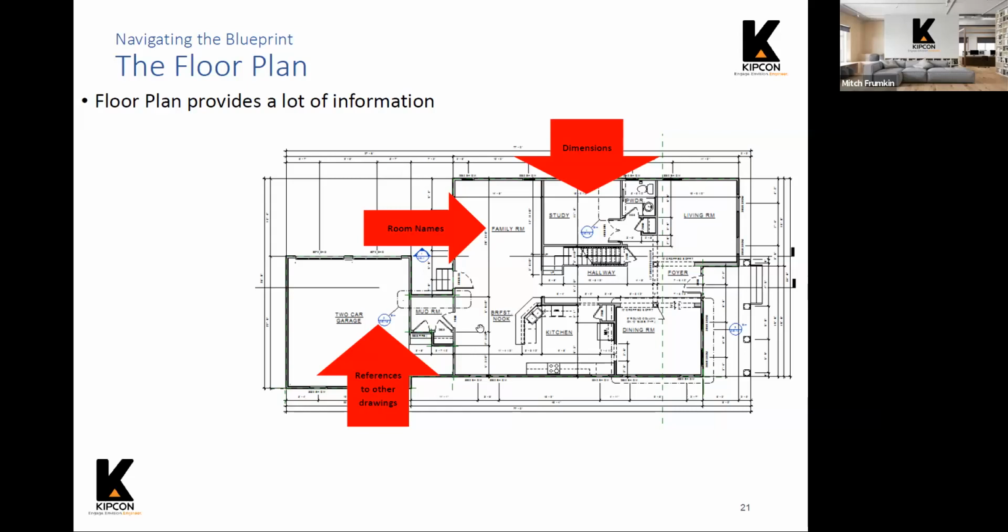For example, just by the garage in the rear of the building here, there's a call out showing that there is a detail elsewhere in this plan set for the construction of this wall by the mudroom. There are other call outs on this plan here, probably for a section through this front wall area. And also there's a detail here for this wall by the study in the powder room. So if you wanted to see more details on the layout of those, that's where you would look.